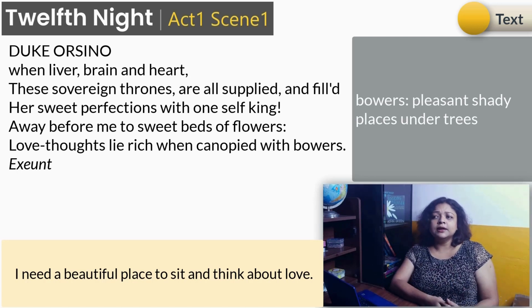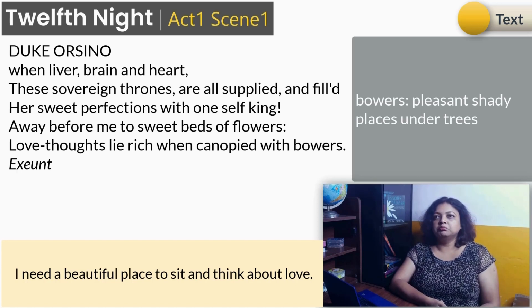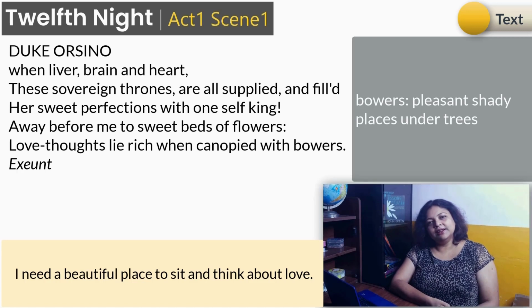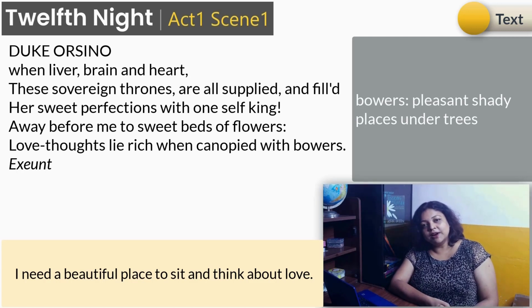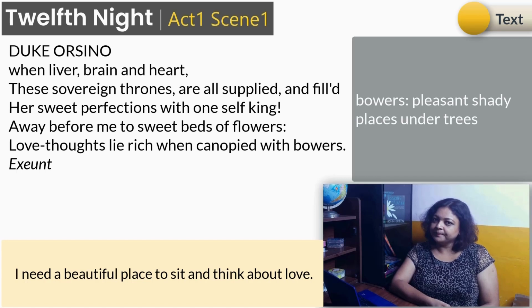Yes, one might say that because this Duke is a royal figure, an aristocrat, he cannot on his own go to Olivia's house. But then, if he was really in love with her, would he be really satisfied that she is going on rejecting even an audience with his messenger?